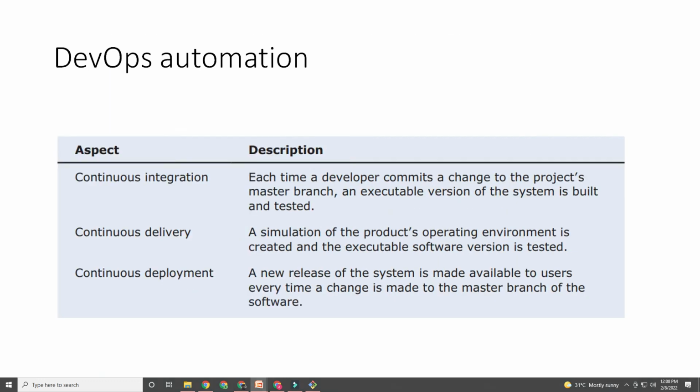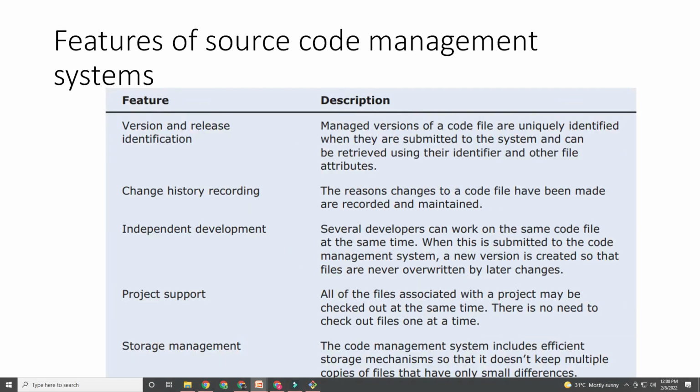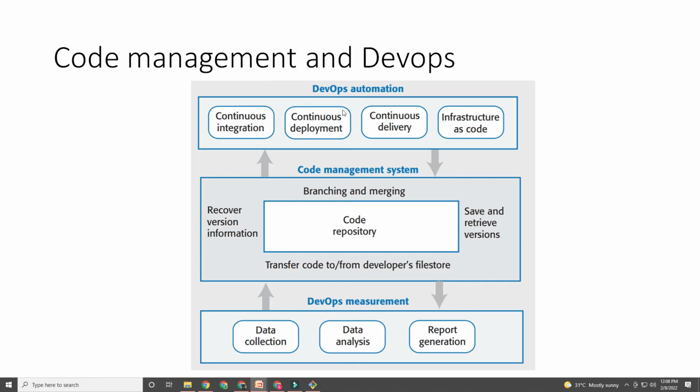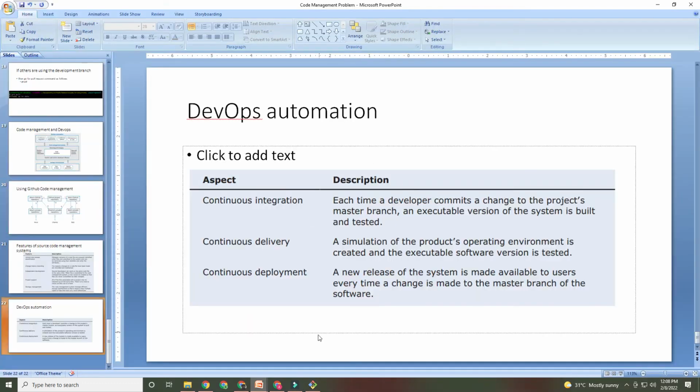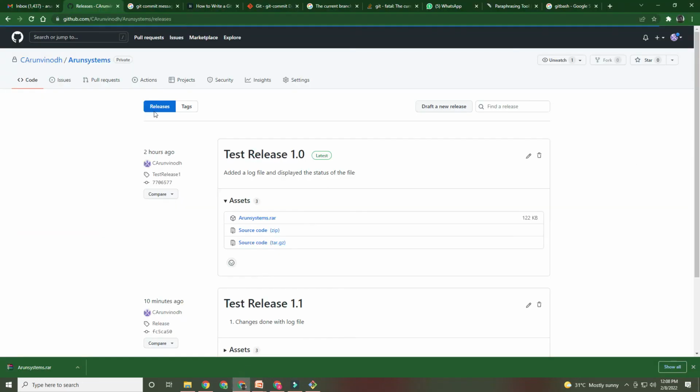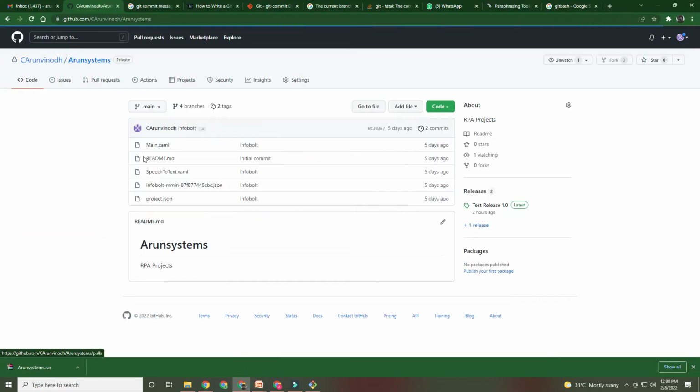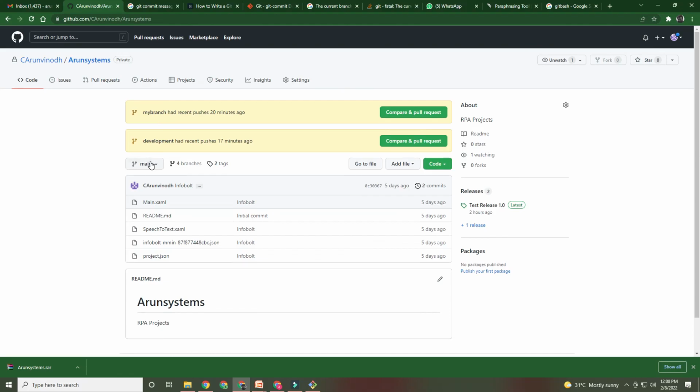Okay, so now the last one. You may be asking, sir, what is this continuous integration, continuous delivery, continuous deployment? In continuous integration, each time a developer commits a change to the project master branch, an executable version of the system is built and tested. What is that master branch? Here I've shown the main branch; this is the master branch.